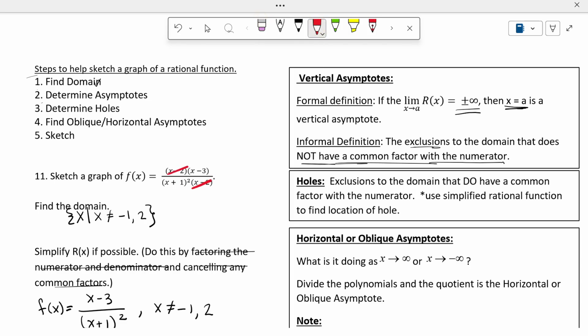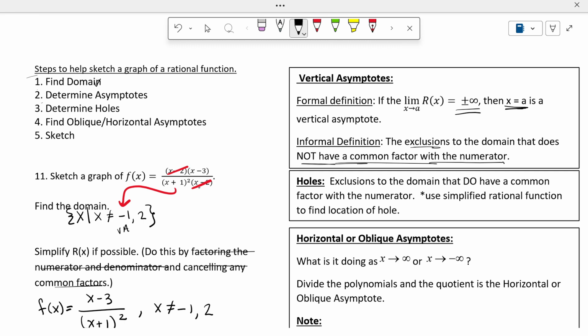These were common factors, so which one didn't? The -1 is an exclusion to the domain that did not have a common factor. So that means that at -1 is where our vertical asymptote is.